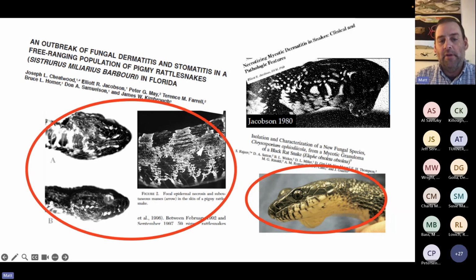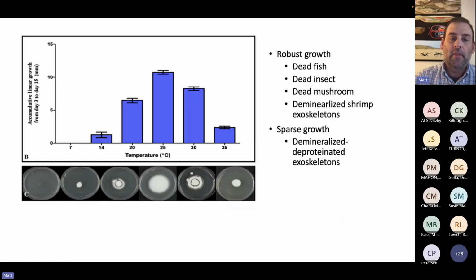They went back into Florida for this pygmy rattlesnake population and found skin lesions that were very consistent with ophidiomyces, that have now been linked to ophidiomyces dating back into the early 1980s from Florida at least.